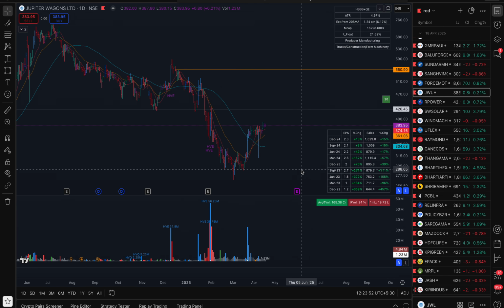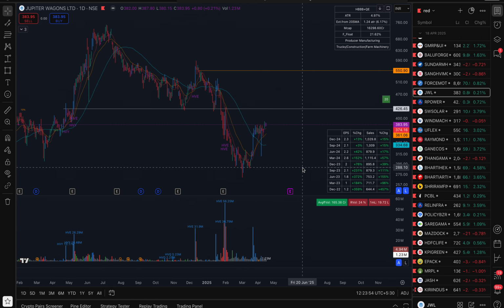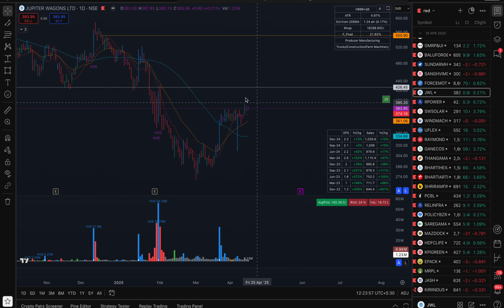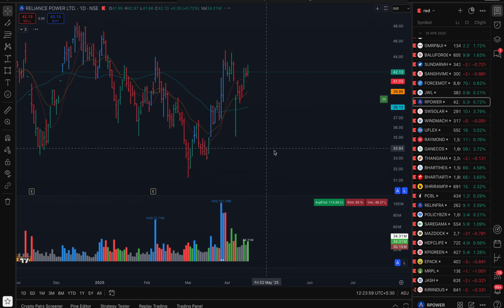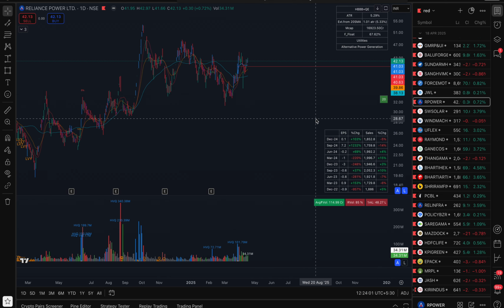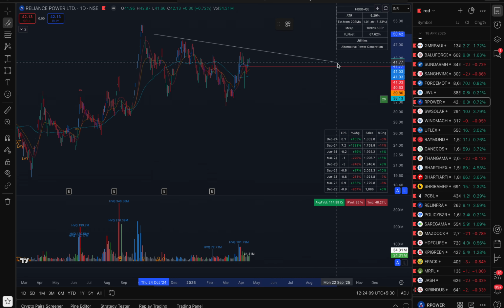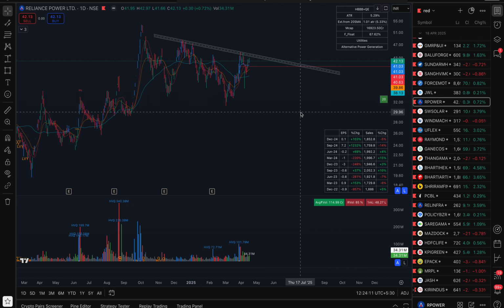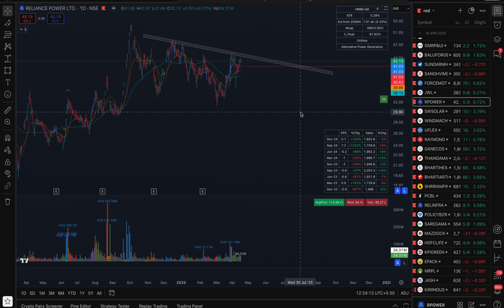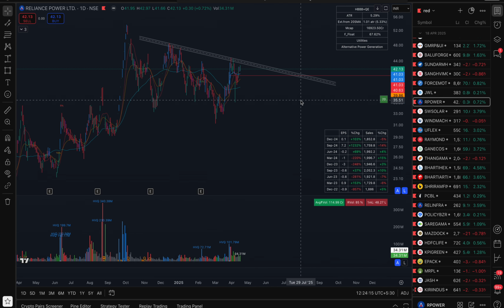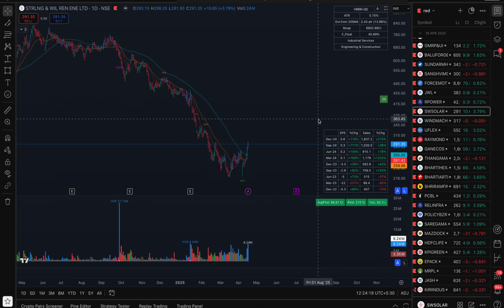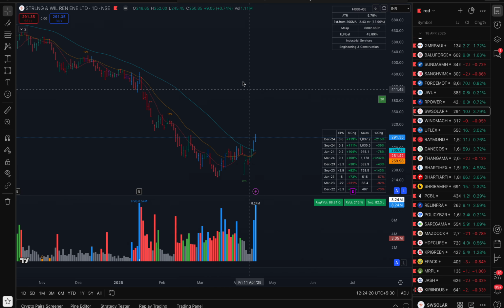JWL not so great, still on a huge downtrend, but currently above all key EMAs, getting tight. Okay, R Power, big base, continuation base, and this sort of a line would be a good one as a pivot. SW Solar is a nice reversal base.